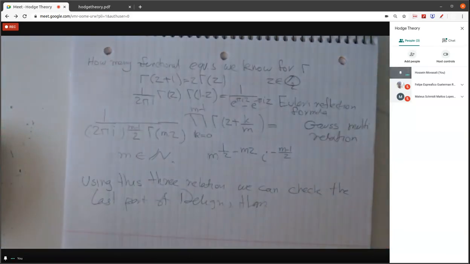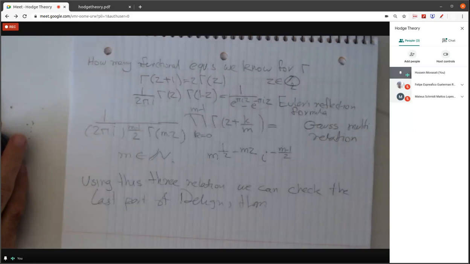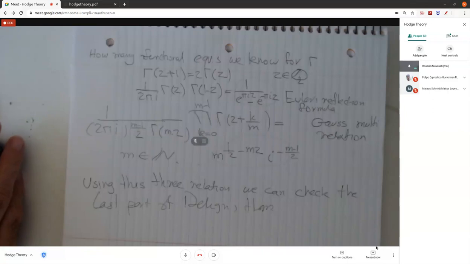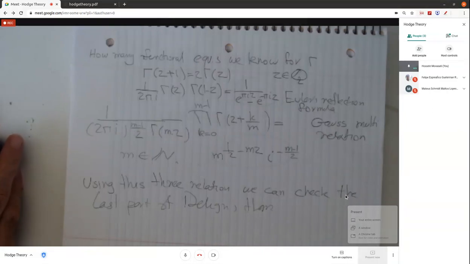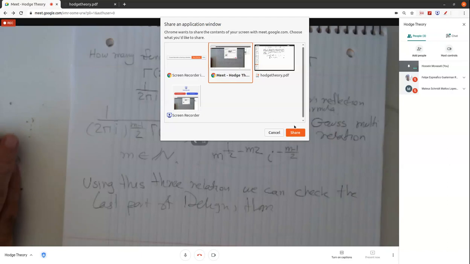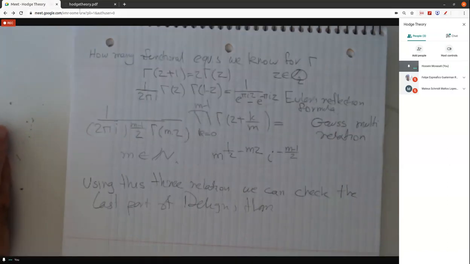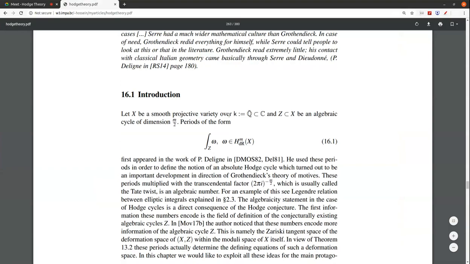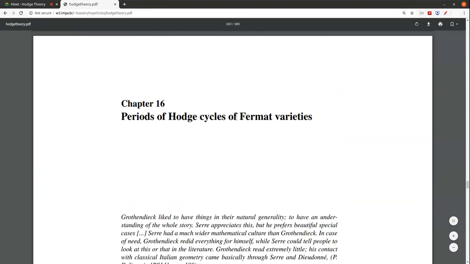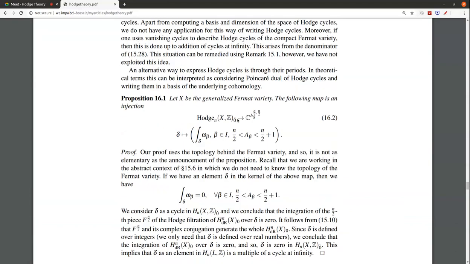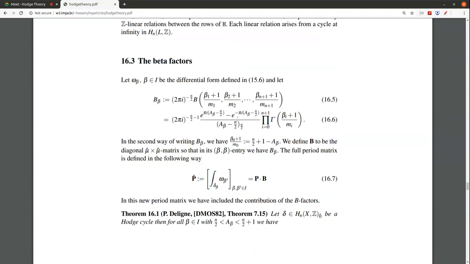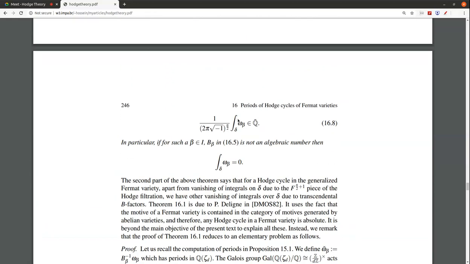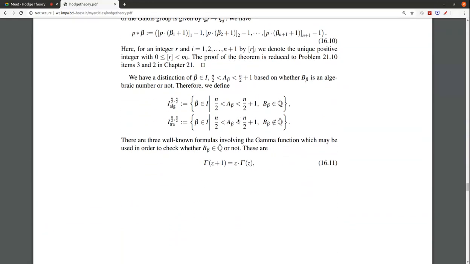Maybe one example, if you want to do it by yourself. Let me share the screen. Today I talked about this chapter 16. These are the formulas I mentioned, and this is the proof I was trying to tell.